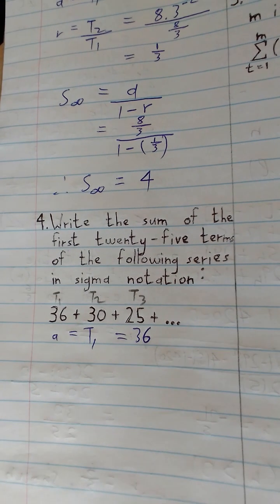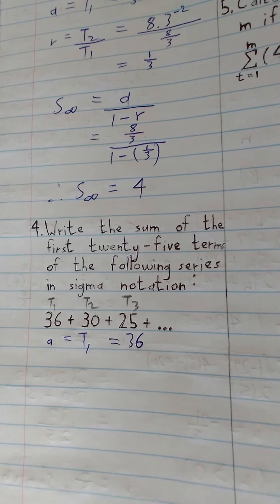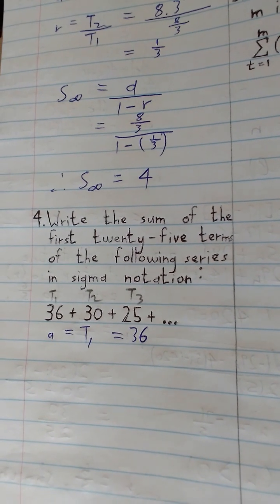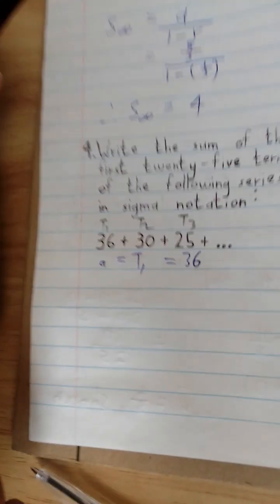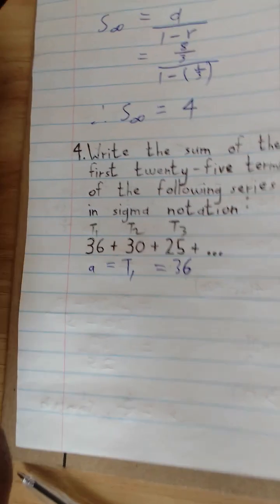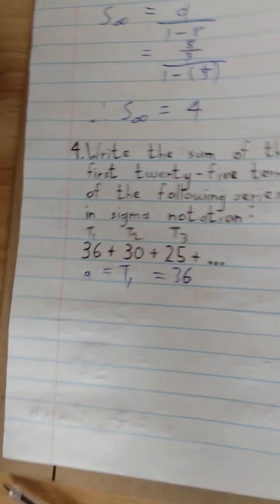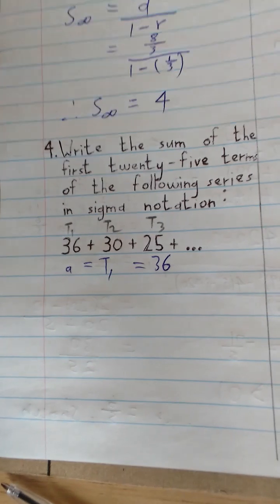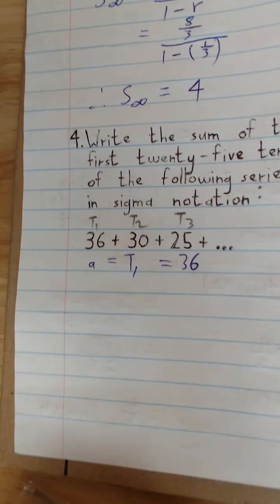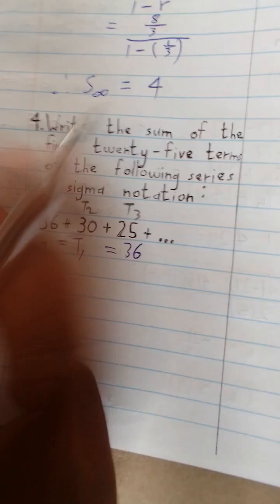So arithmetic is out of the question. Geometric, T2, 30, over T1, 36. We get 5 over 6, right? T3, 25, over T2, 30. We get 5 over 6. So this is a geometric series.